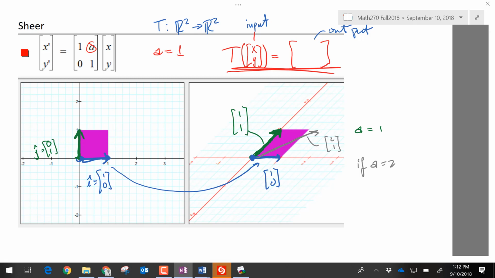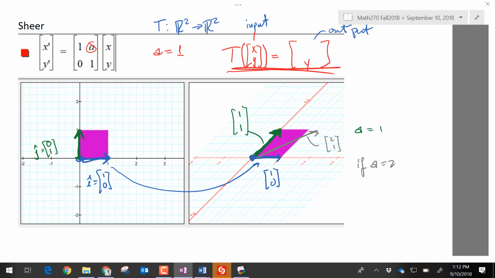And I think what's happening here is that your y value looks like it'll stay the same. If you look at the y values, it looks like it'll stay the same all over the place. And then it looks like your x value is going to get stretched towards whatever the y value is.